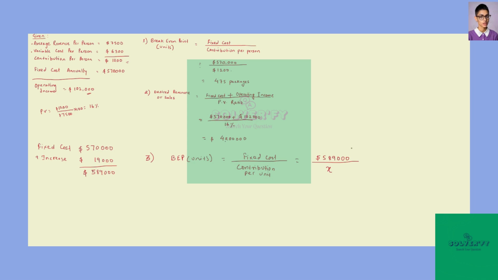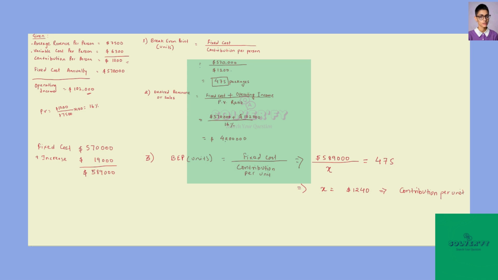So the contribution is unknown, that is X, and in the question it is saying that we need to maintain the same break-even unit that we have calculated before in question 1, that is 475. So if we solve this for the value of X, then we are going to get X equals $1,240, and this is the contribution amount. X is the contribution per unit.